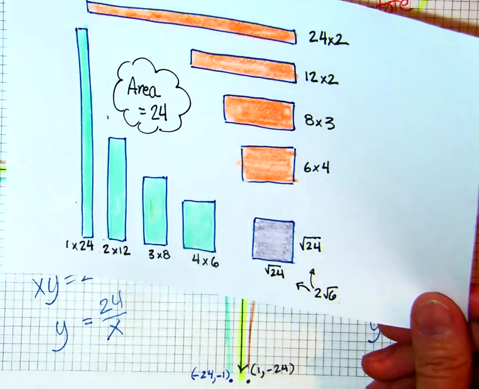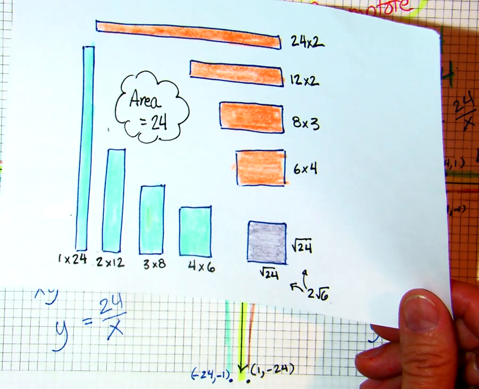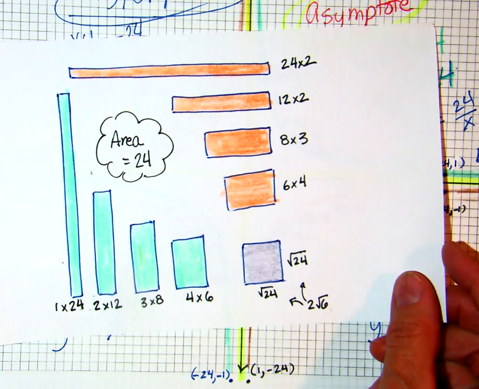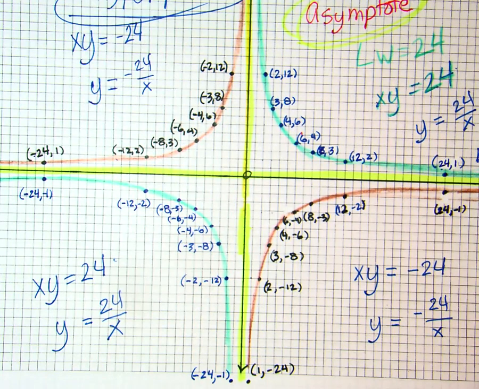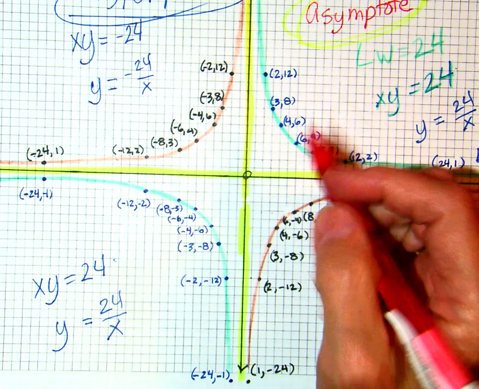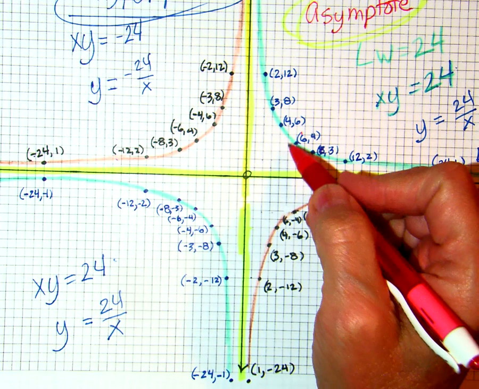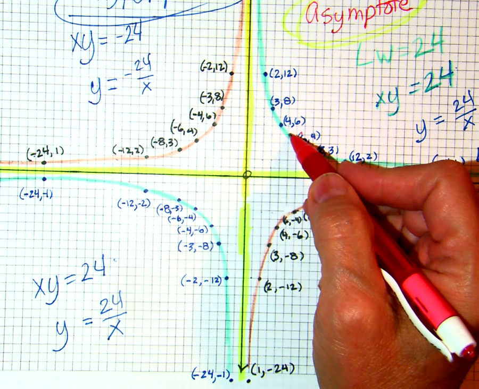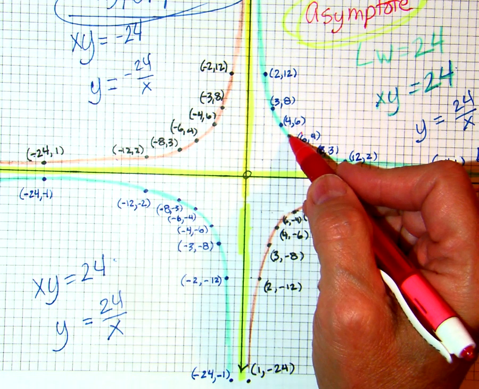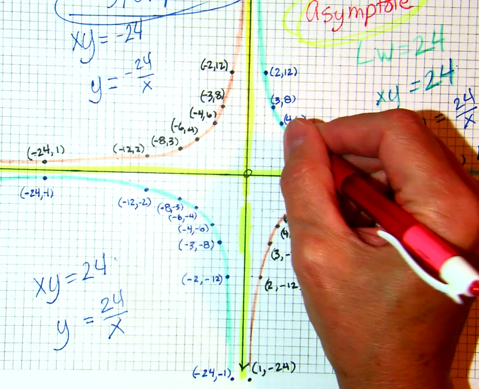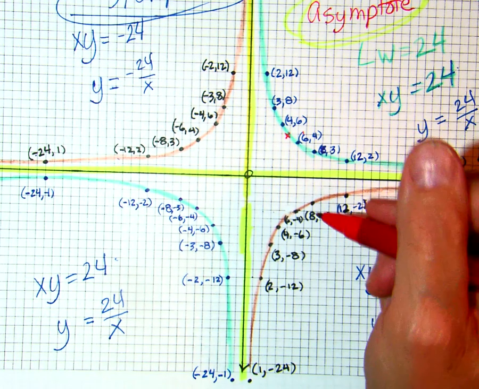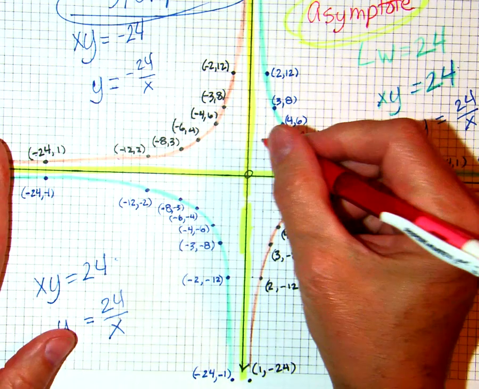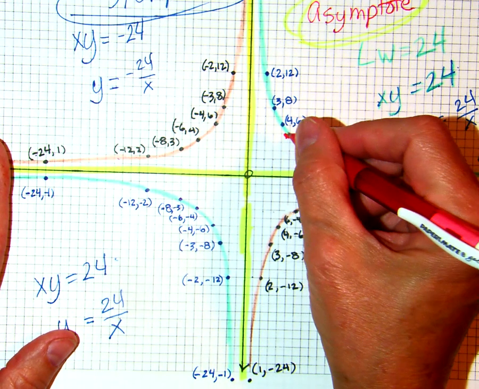What's the square root of 24? You know, the square root of 25 is 5, so the square root of 24 is almost 5. So let's see where almost 5 hits. If I come in here, it should be almost 5 and almost 5. So there's 5, 5, so it's almost. It's going to be about right in there at the square root of 24 and the square root of 24. That's what that point's going to be.